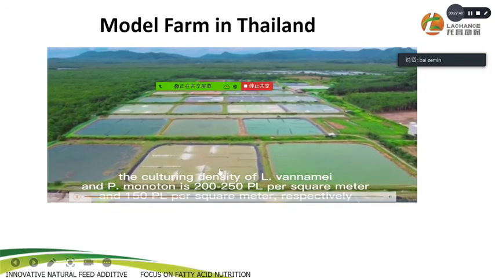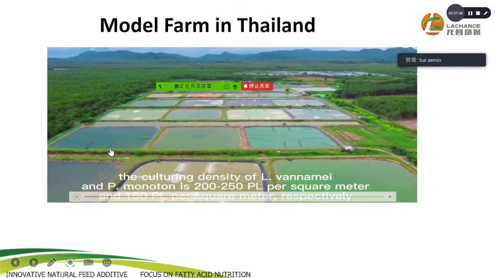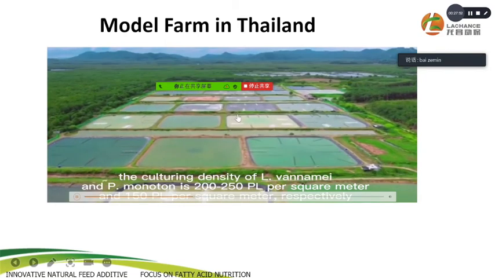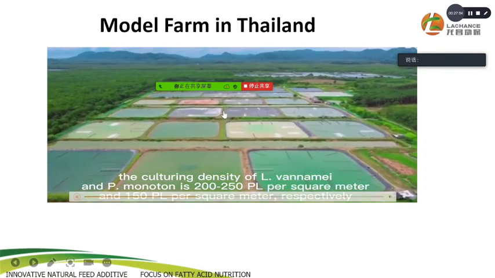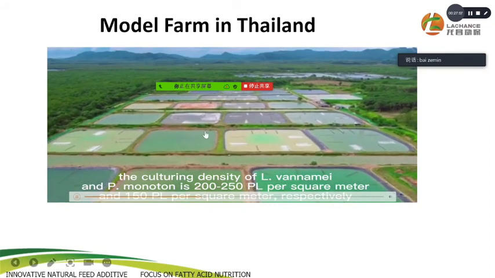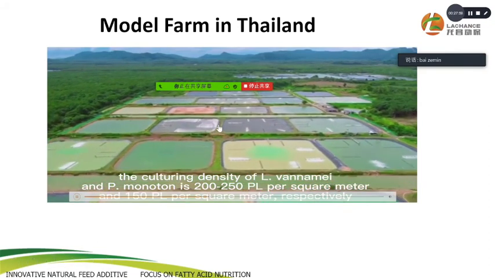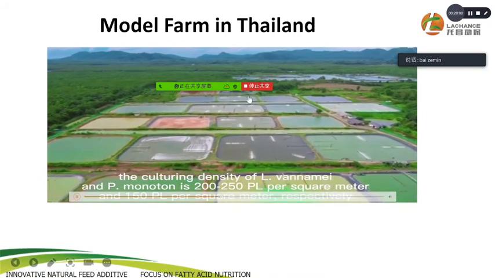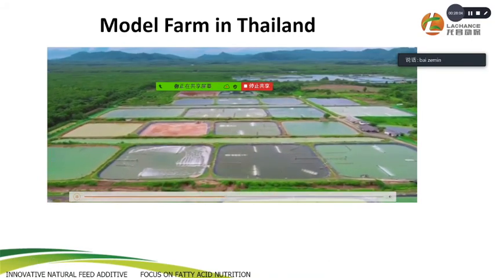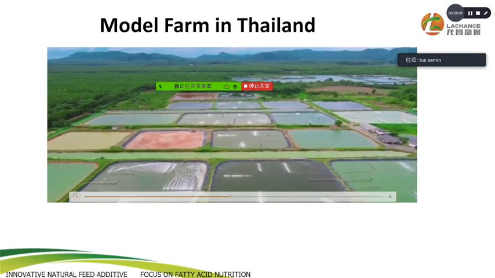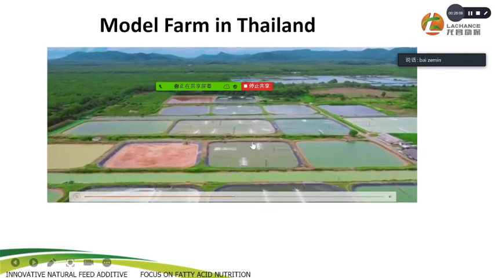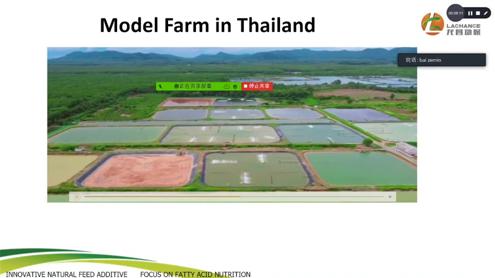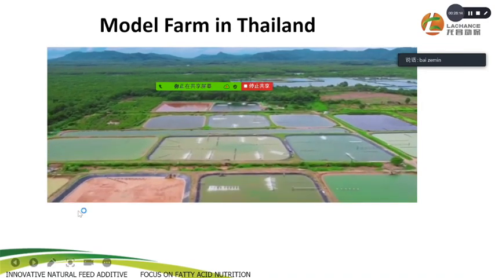This is for tiger prawn and some red meat. Actually, at the beginning, they seldom change the water, only top up due to evaporation and the discharge of particles, feces, and sediment, and the density can reach 200 to 300.